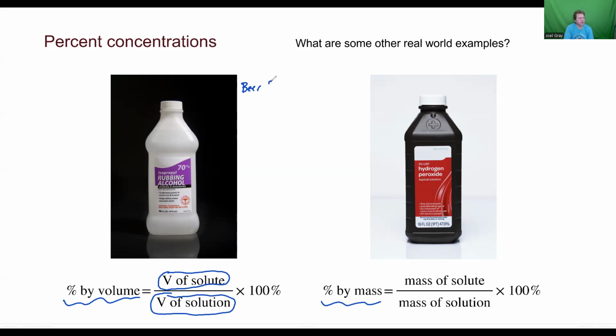Beer is approximately 5.4%. And that's effectively a measure of how much of that total mixture is actually ethanol? About 5.4% of it.